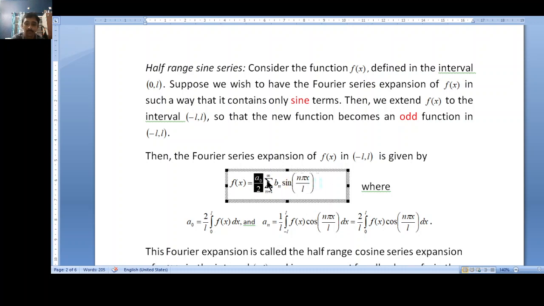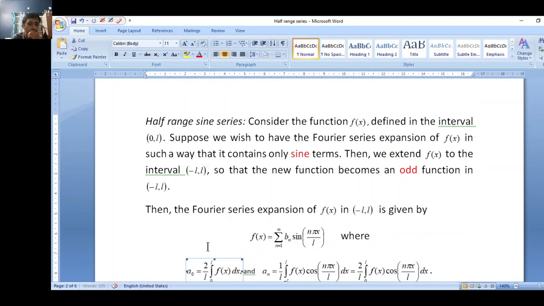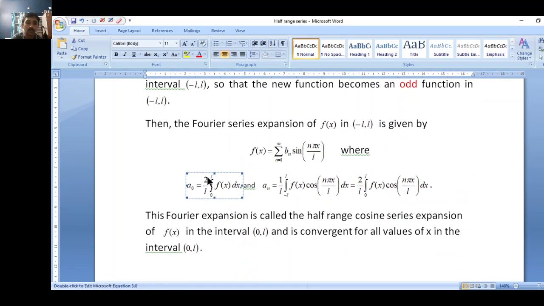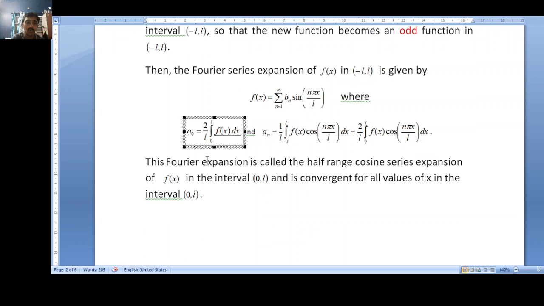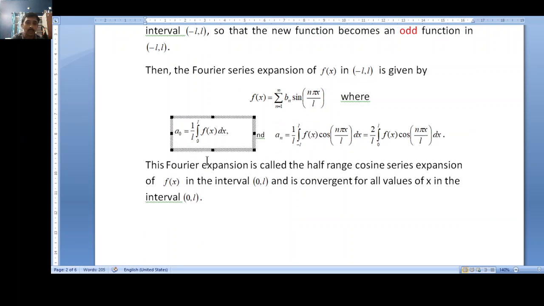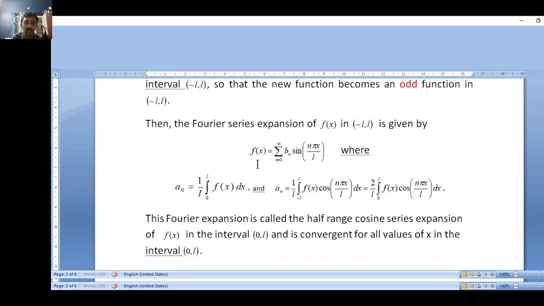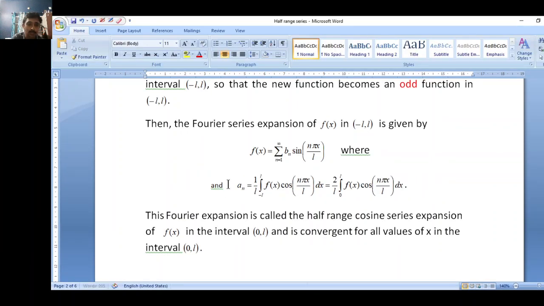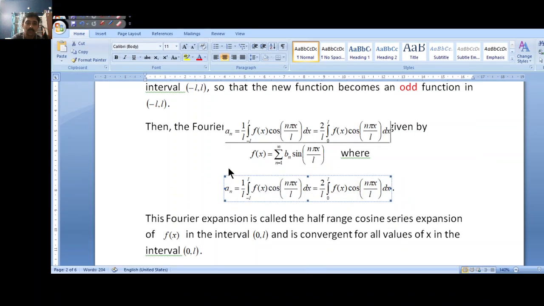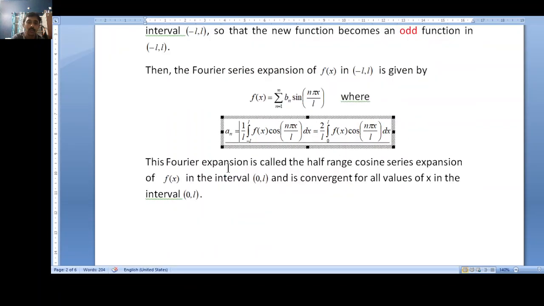It is because when you go for a0, the expression for a0 would be 1 by L integral minus L to L f of x dx, and this effectively becomes 0 because f of x is an odd function in minus L comma L. So obviously there is no need to retain the expression for a0, and similarly an also becomes 0. So instead of a0 and an, we'll be having only bn.